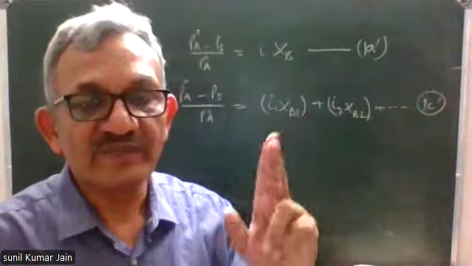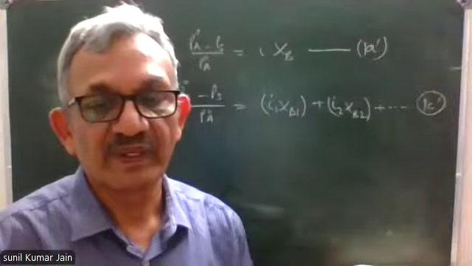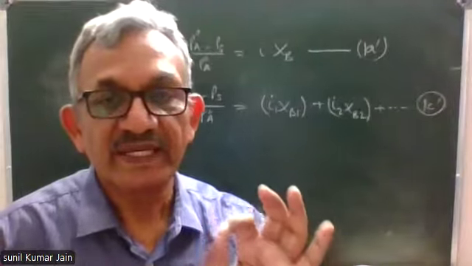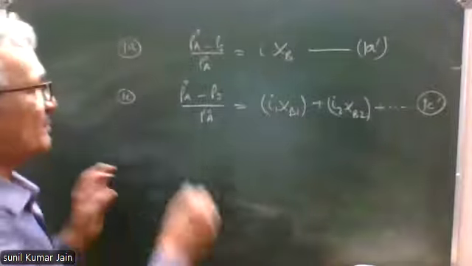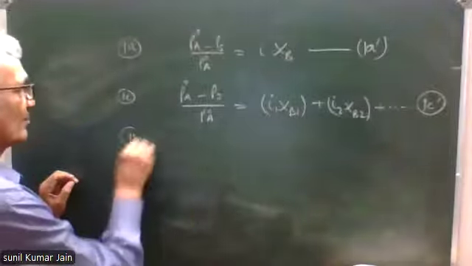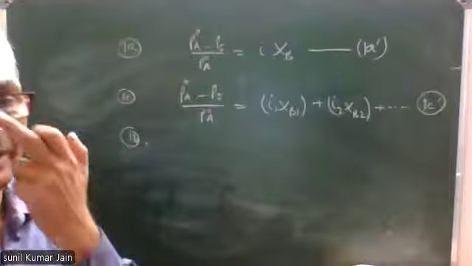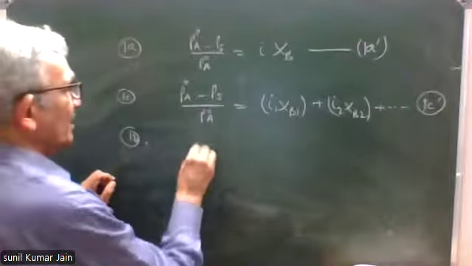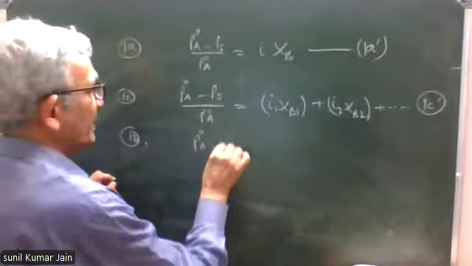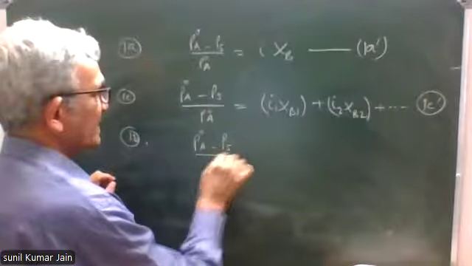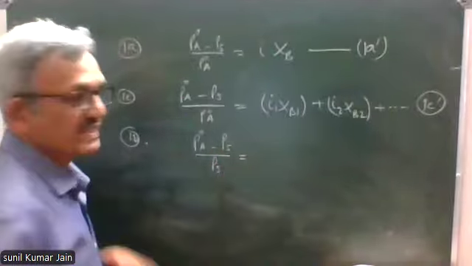There were 2 equations, 1B and 1D also. Equation 1B becomes: P naught A minus PS upon PS.